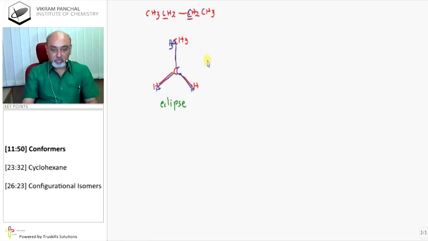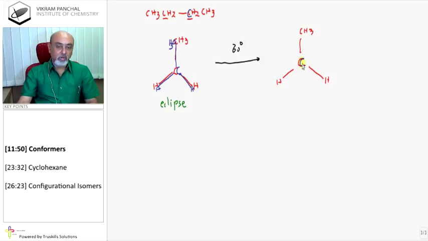So we will draw gauche by giving 60 degree rotation. Let red be the same, and we'll change the position of blue. You can rotate either clockwise or anti-clockwise, it doesn't matter.